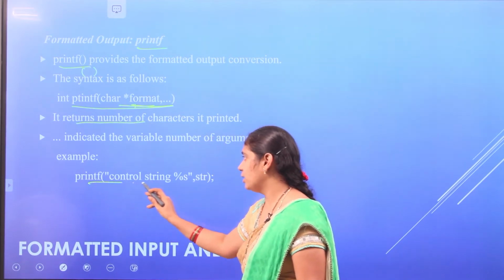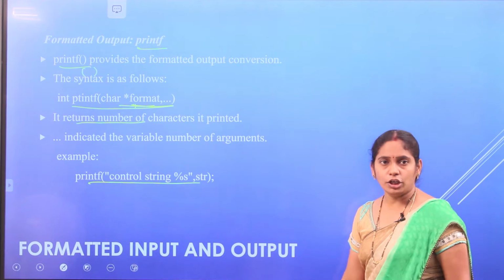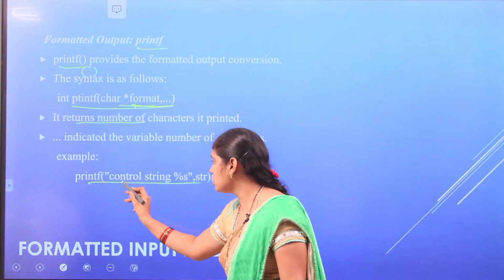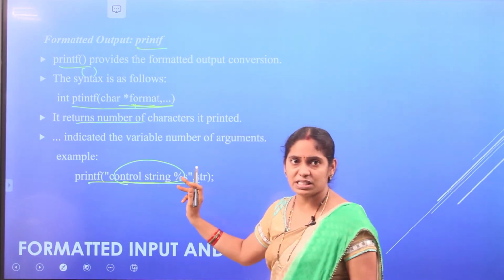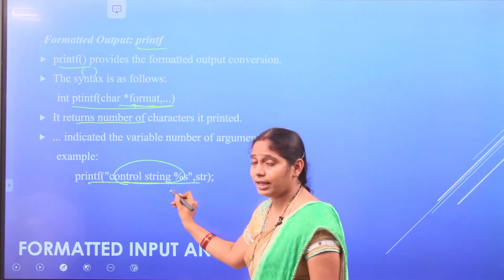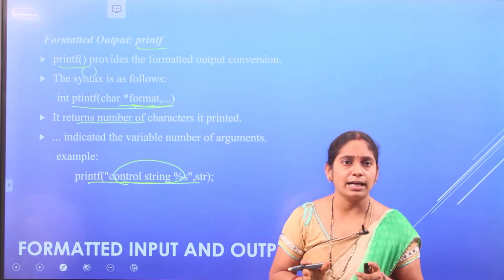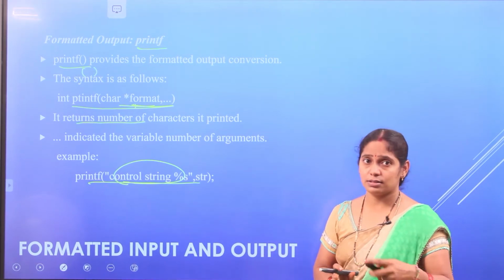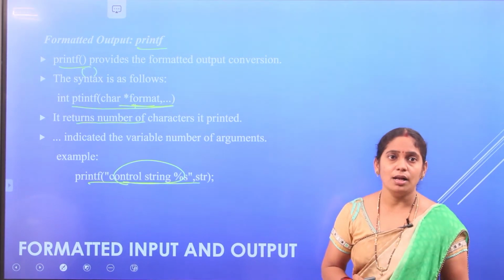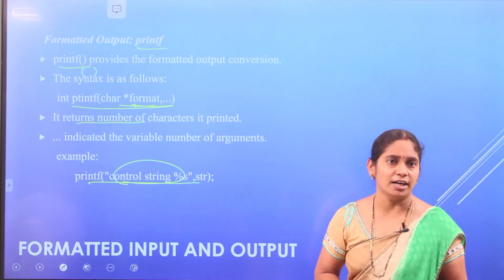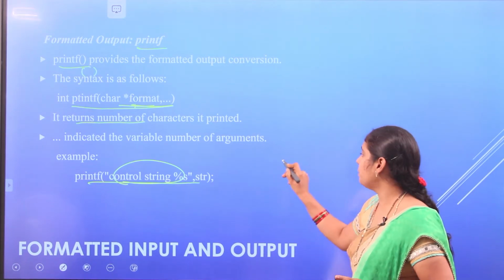See the example. Printf, the control string. Control string is also called here a format specifier. So here we are printing a string. String is nothing but a group of characters. Take the data types as an example. Suppose you are specifying a gender, either male or female, how do we represent it?